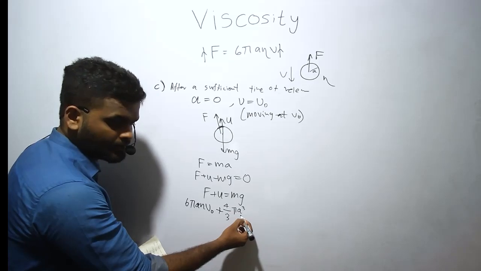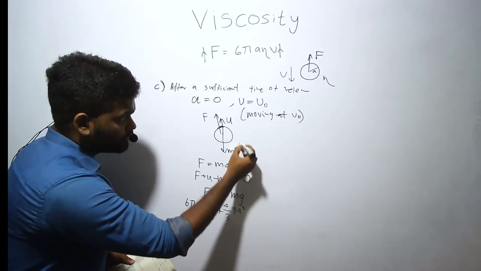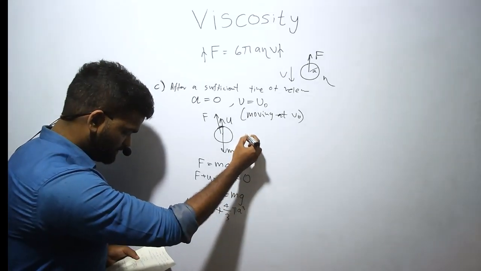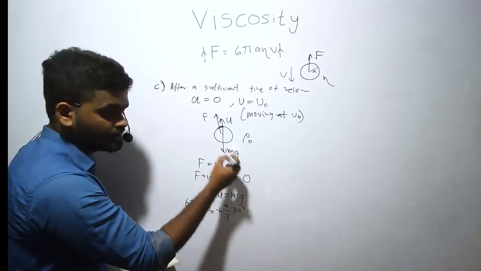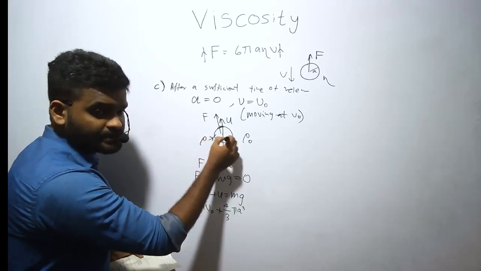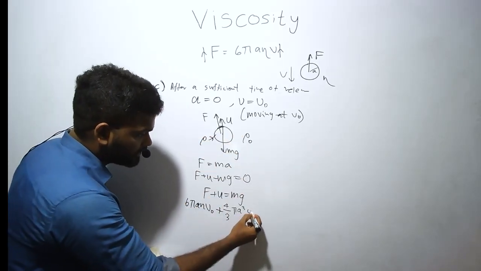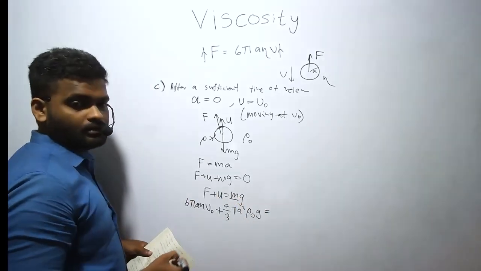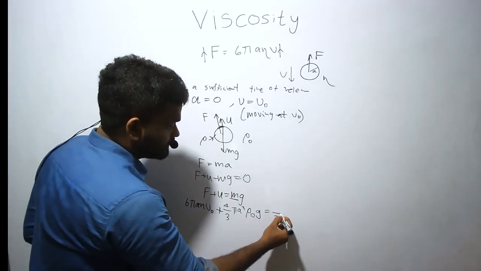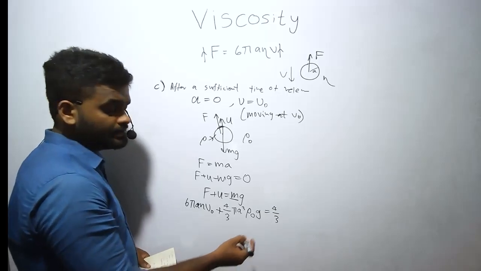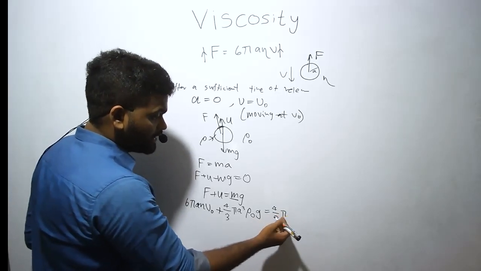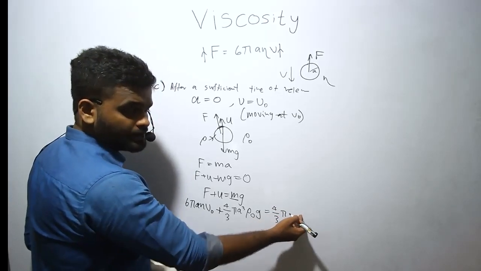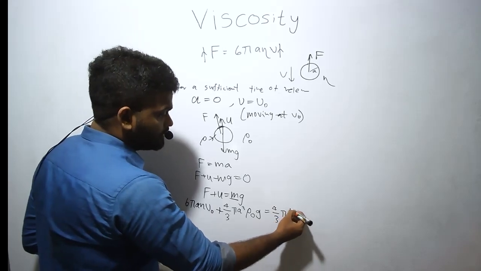V. Then rho. Rho means density of the liquid. We took it as rho naught, right? Density of the object is rho. G equals now mass of the sphere. You can also find that using 4/3 pi. So this is also V rho, right? 4/3 pi A cube.